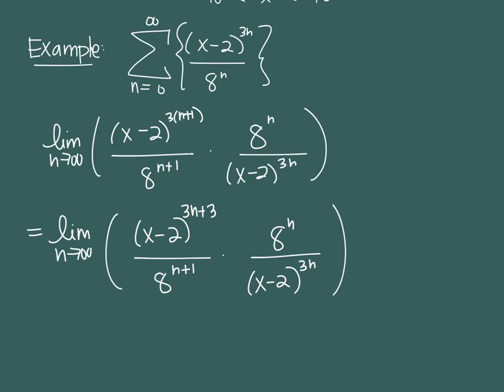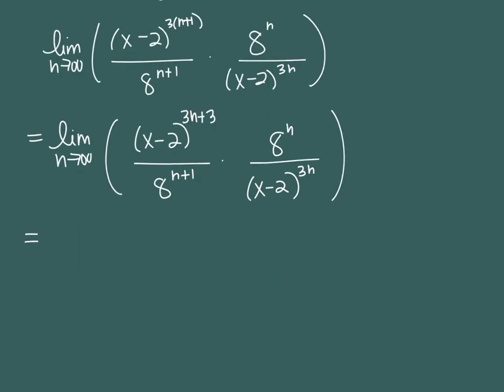All right, so how many x minus 2's do I have left? 3, because of the 3n, so I've got x minus 2 cubed. And then what about the 8? Okay, over 8.